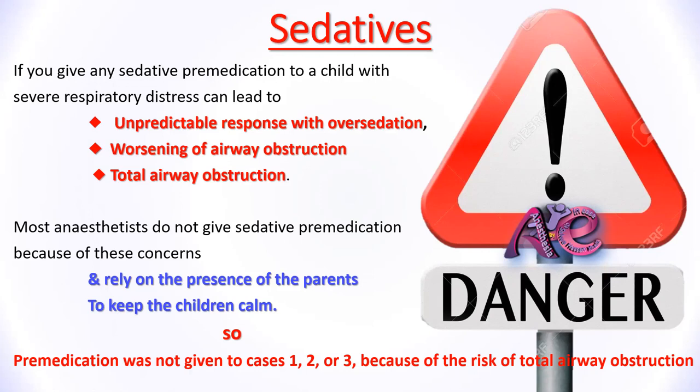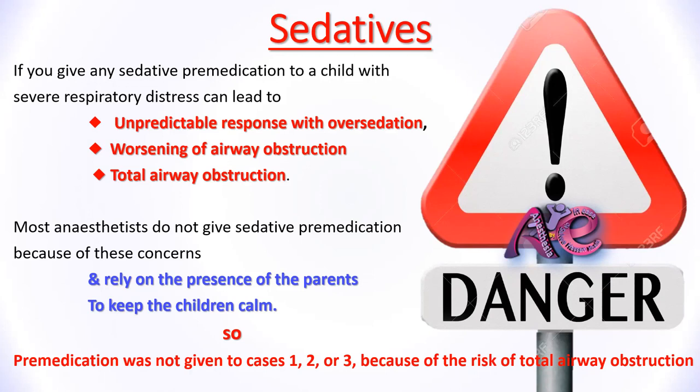Because if you give sedative premedication to a child with respiratory distress, not only severe, but any respiratory distress, this can lead to an unpredictable response with over-sedation, worsening of airway obstruction, and even total airway obstruction.